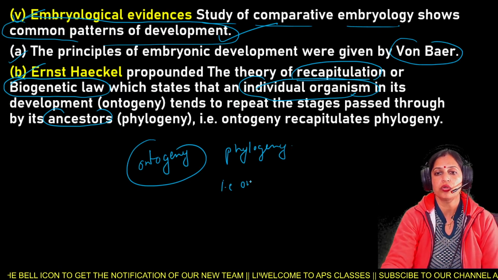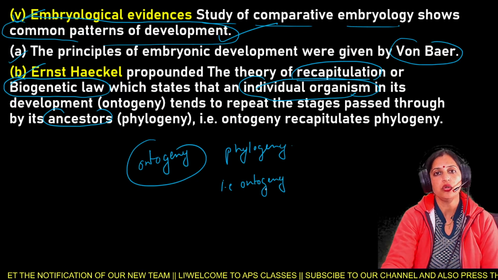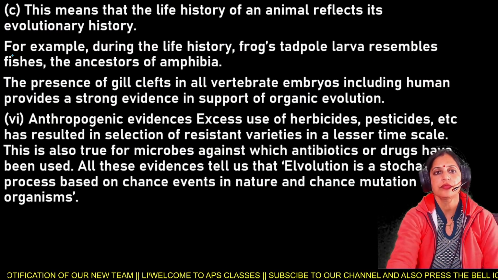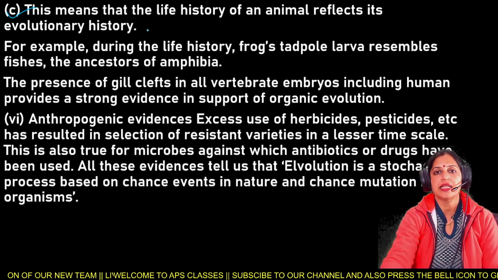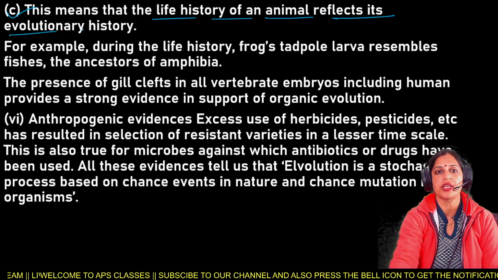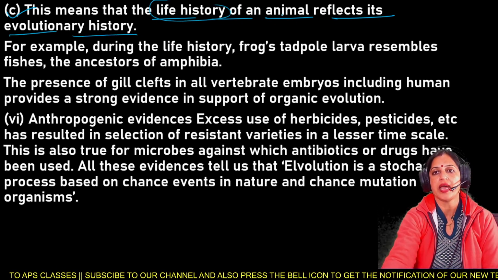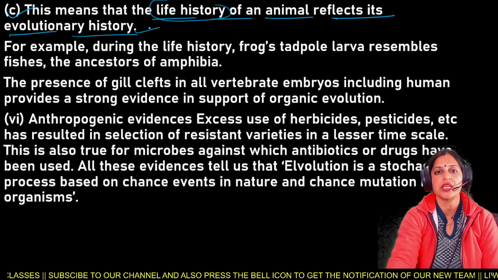That is, ontogeny recapitulates phylogeny. This means that the life history of an animal reflects its evolutionary history.